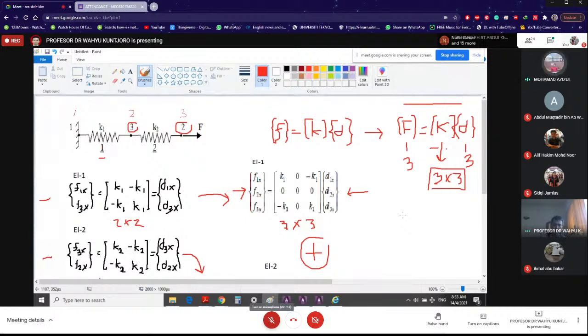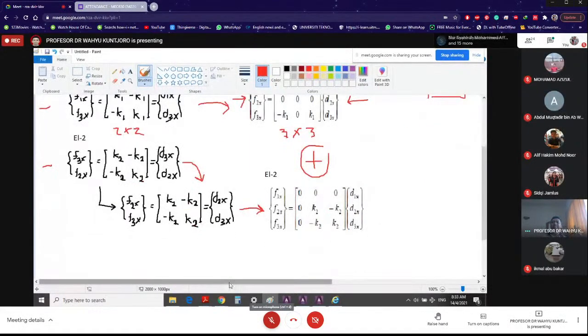Prof, can I ask about rearranging the matrix, F3x changed into F2x? The sign doesn't change, the K2 negative K2. It doesn't change because mathematically it does not change. So specifically for a matrix on this type of element, it doesn't change.